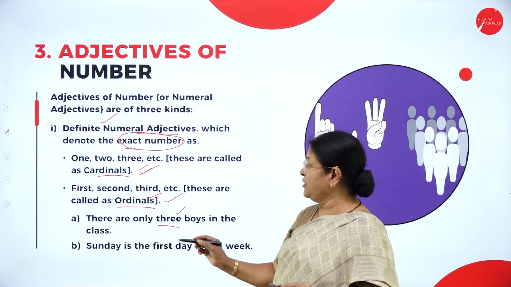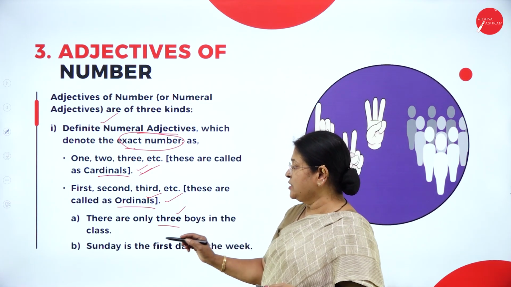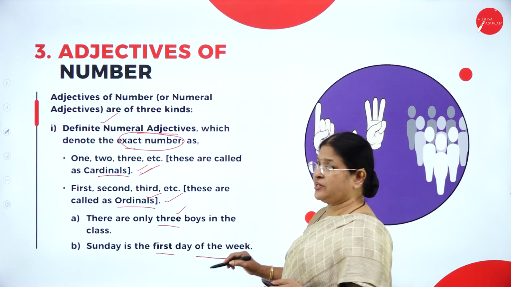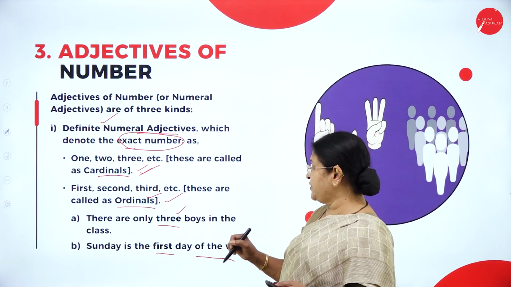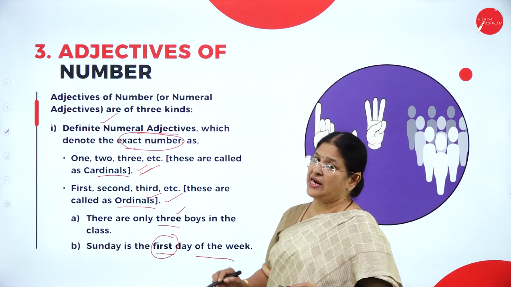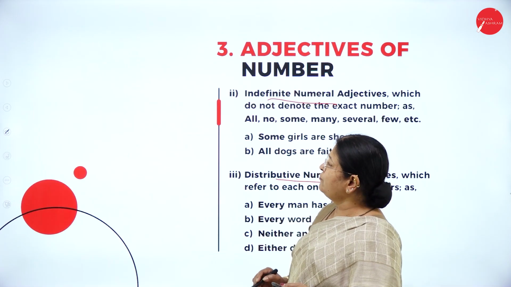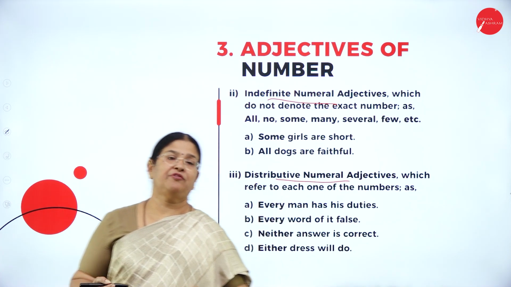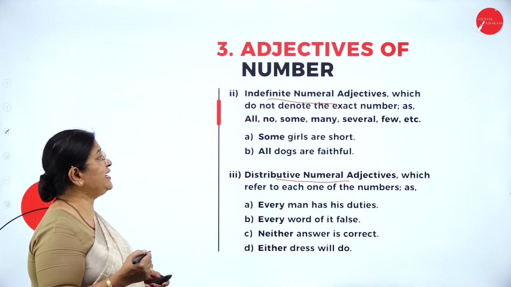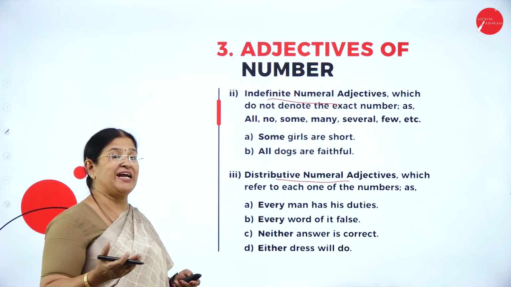So the adjective of number here is 3, which is a cardinal. Next, Sunday is the first day of the week. Which is the first day of the week? Sunday is the first. First is the adjective of number, but this is an ordinal. Moving on to the second type of numeral adjective, that is indefinite. Indefinite means we do not know the exact number.